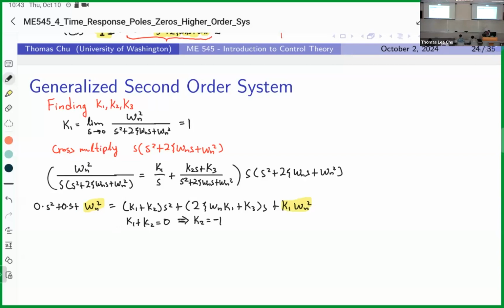Our second equation is 2 zeta omega n times K1, which is 1, plus K3 is equal to 0. Then K3 is equal to minus 2 zeta omega n multiplied by K1, which is 1.